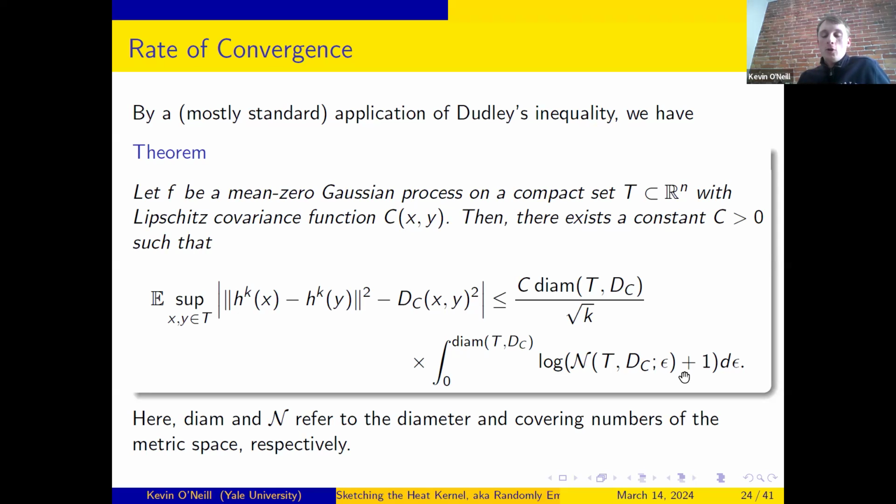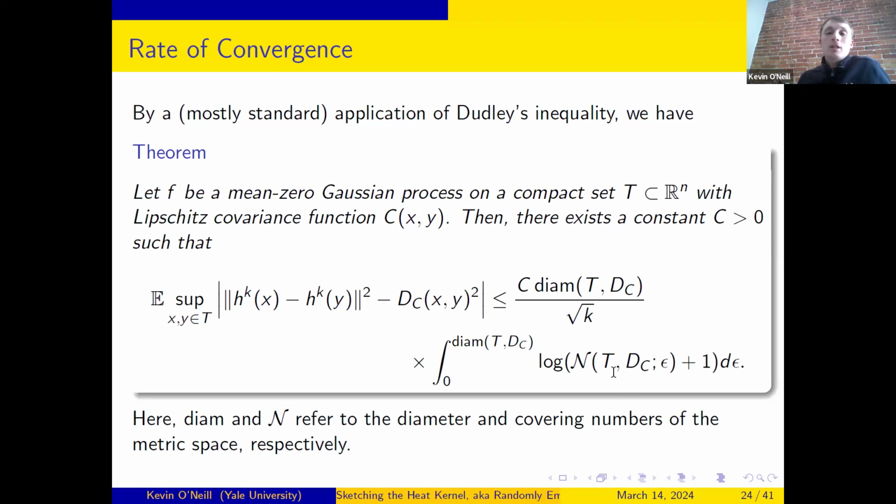We also have this integral. Before I do the integral, we have these covering numbers here. The covering number of the metric space is the smallest number of balls of radius epsilon needed to cover the space T with the distance dc. So as you go to smaller scales, this is going to get higher and higher.